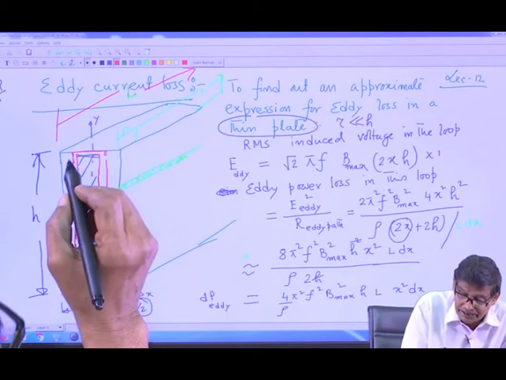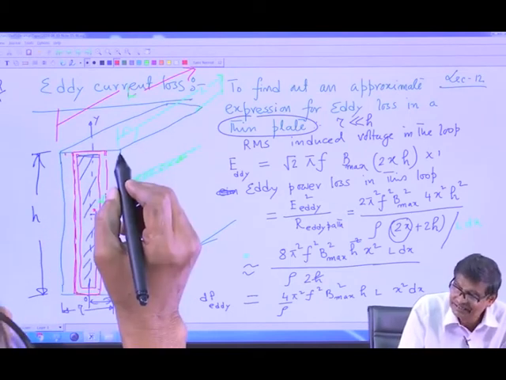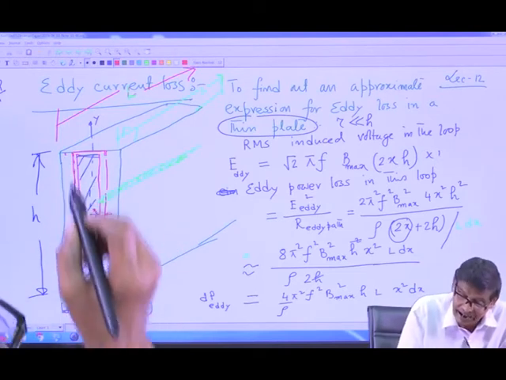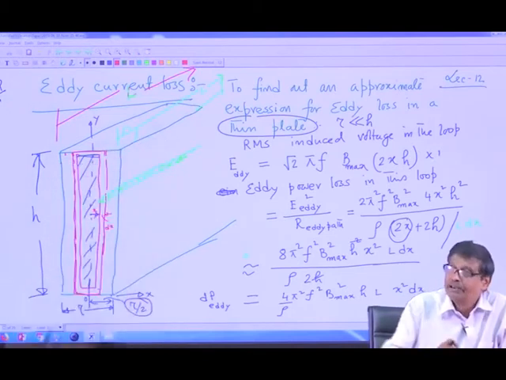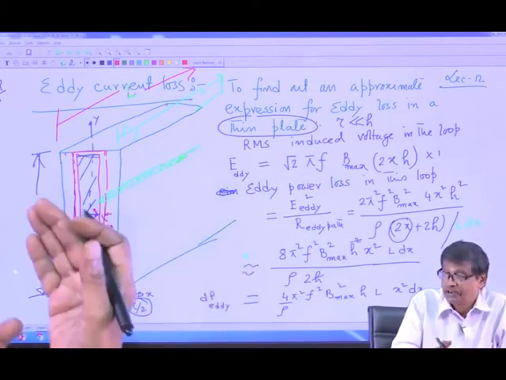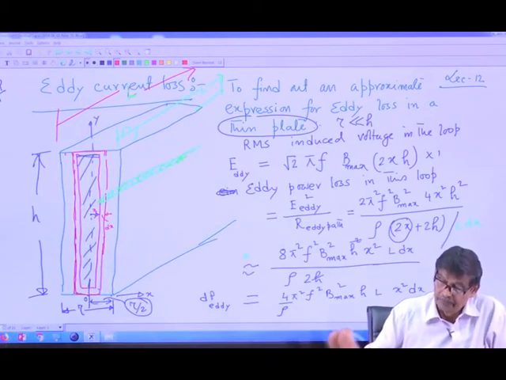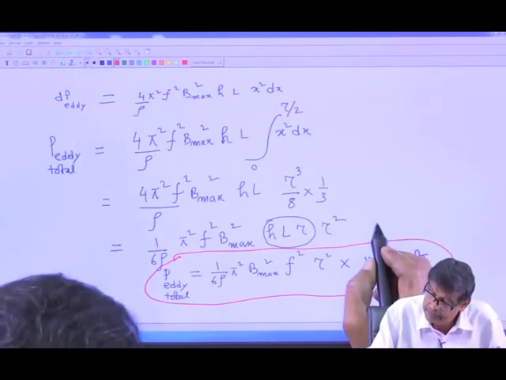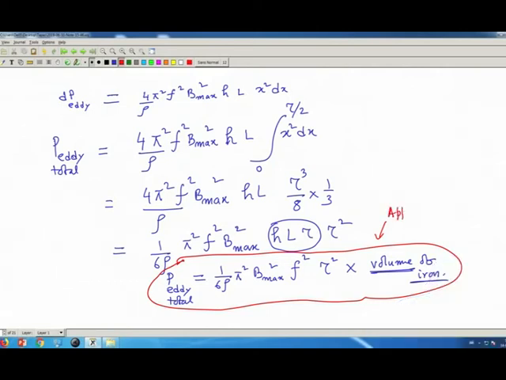You consider another loop like this. There is power loss here, and once again power loss, but that portion is always small, because tau is far less than h. Therefore, this is a very handy approximate expression, mind you, approximate, it will serve my purpose.